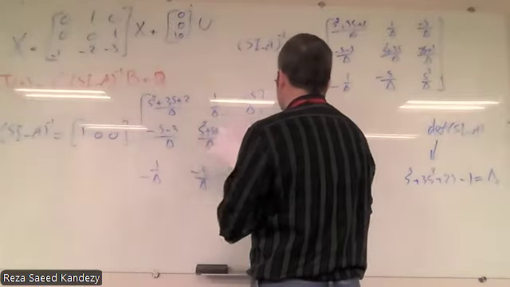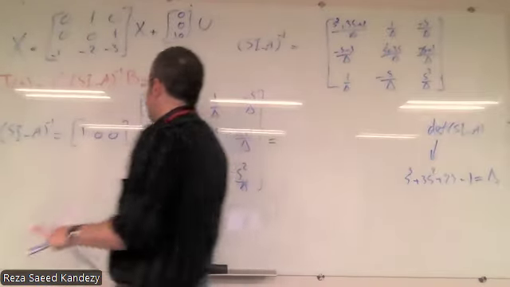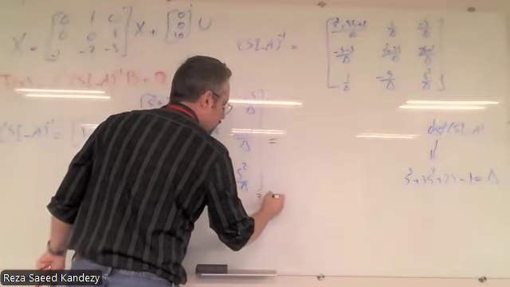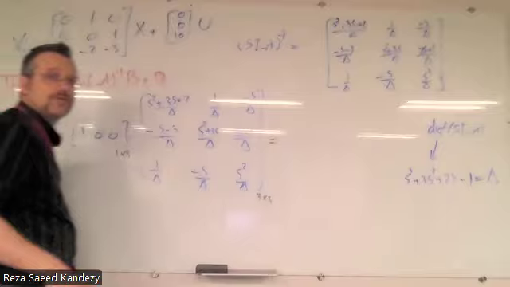Let's do it. This is a 1 by 3 matrix, and this is a 3 by 3 matrix, so the result is going to be 1 by 3.